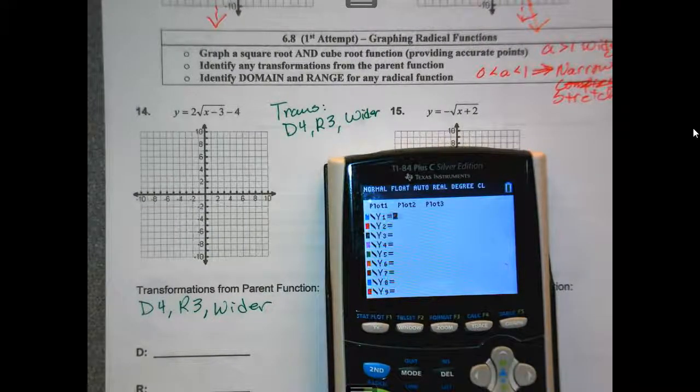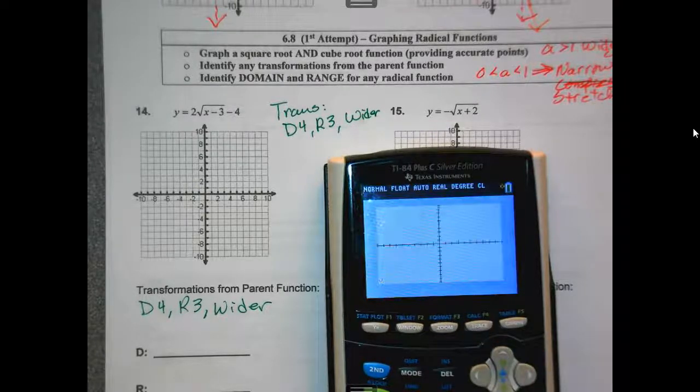I have 2 times the square root, so it's going to have a starting point. Square root, X minus 3, close it, minus 4, graph. Yes, opposite to absolute value. So when A is greater than 1, it makes it wider.